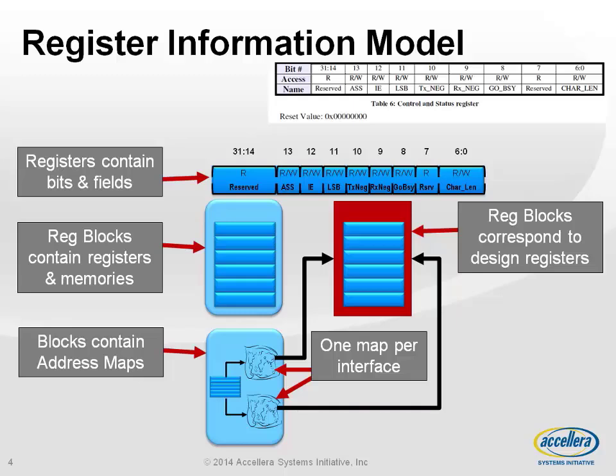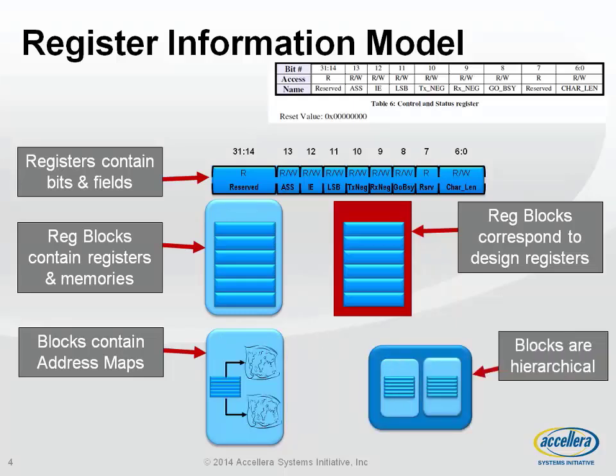So there's one map per interface. And in the same way that you might have hierarchical blocks in your DUT, you can have hierarchical blocks in your test bench, so the register blocks themselves are hierarchical. You can have blocks made up of other blocks and additional registers, etc. That's how we keep track of the information in the test bench and map it to what's going on in the hardware.